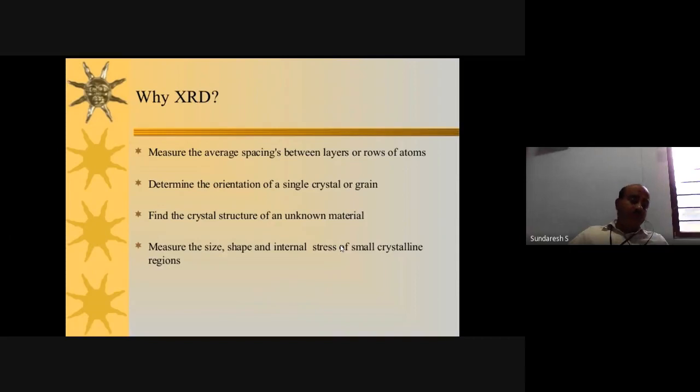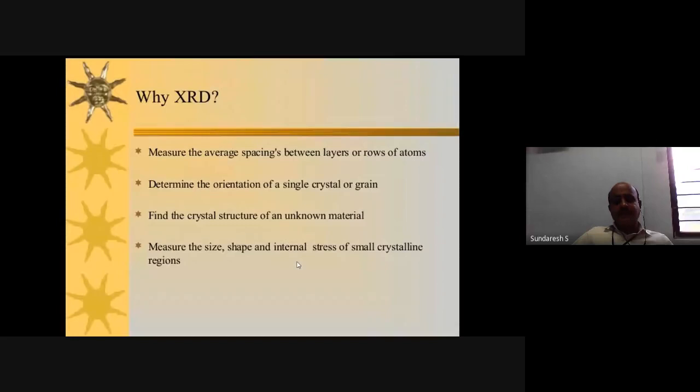Now, why XRD? The XRD basically measures the average spacing between layers or rows of atoms. It determines the orientation of a single crystal or grain, and it finds the crystal structure of an unknown material. It measures the size, shape, and internal stress of small crystalline features.